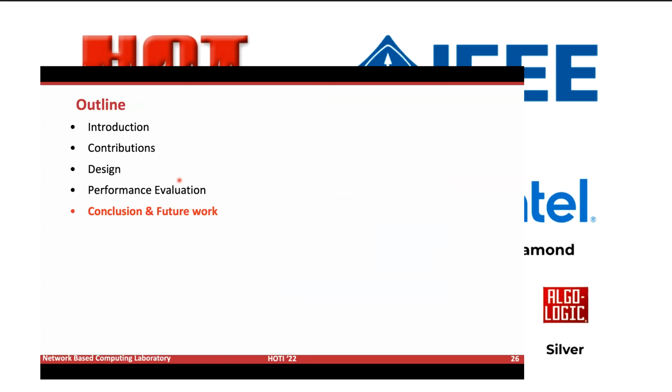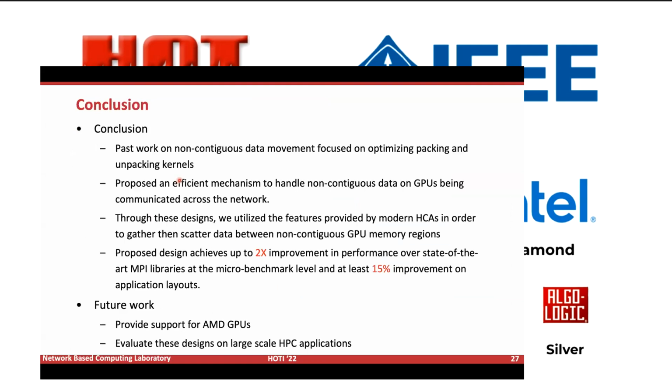So this brings us to the conclusion. To conclude, we first pointed out that past research work on GPU non-contiguous internode exchanges did not use these hardware-assisted features. So we proposed a UMR-based hardware-assisted scheme, and we also proposed an efficient cache-based mechanism to optimize such schemes.